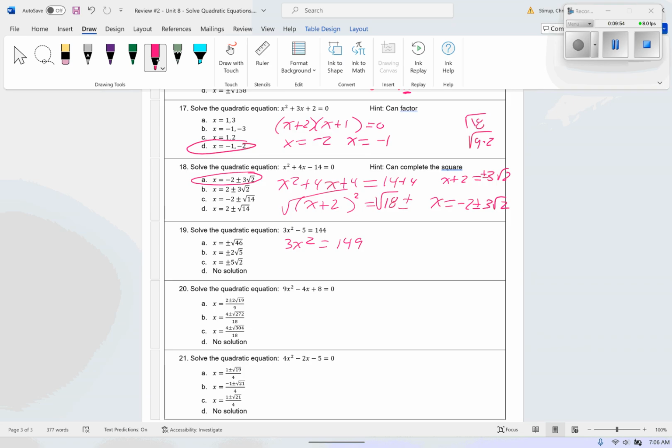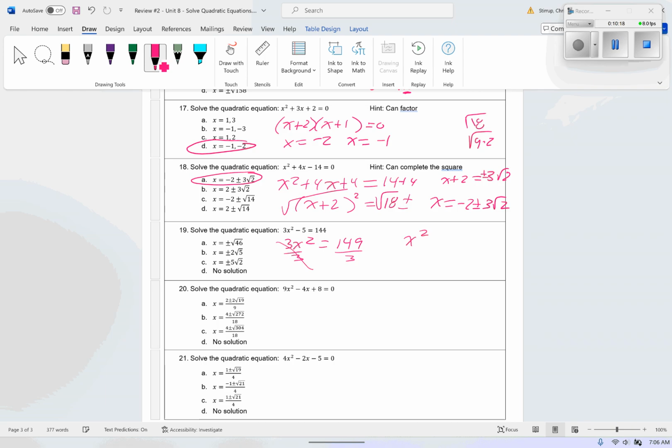Oops, did I do that right? If I add, you get 149. Oh, okay. Let's see, what did I goof up on? If I divide each side by 3, that cancels.